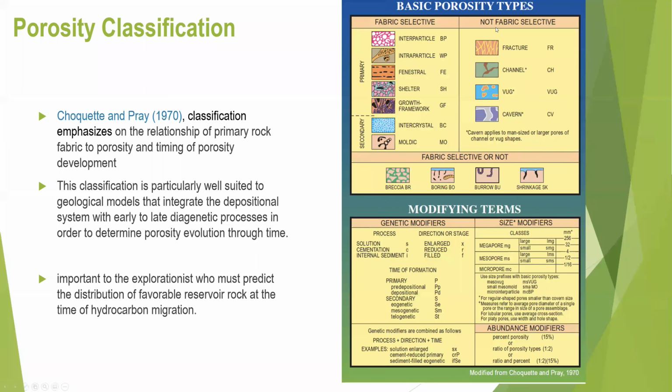If it doesn't agree with the fabric, if it cuts the grains, matrix, or cement, we say that it's non-fabric-selective. This type of classification is very good for exploration geologists, because it shows the history of diagenetic processes. It shows the hydrocarbon migrations. But for petrophysical studies, they don't use this one.